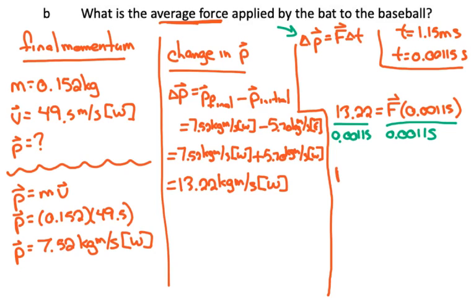We will take this to 3 sig figs, and we get 11,500. We're talking about force, and force is measured in newtons. And since we do have a direction and force is a vector, this would be 11,500 newtons west.